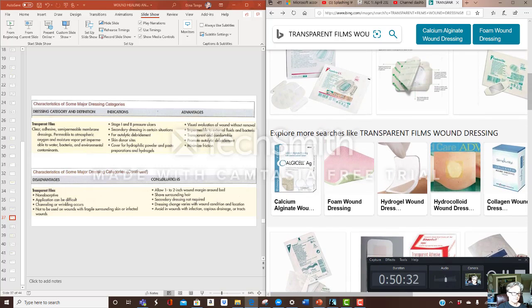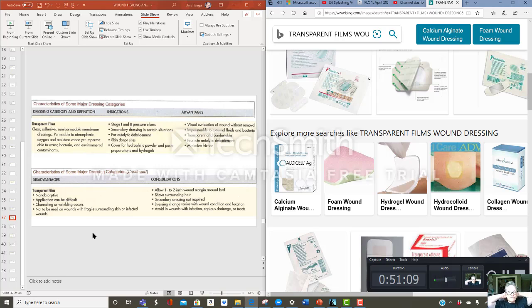Okay. So, clear adhesive, semi-permeable membrane dressings for stage 1 and 2 pressure ulcers, secondary dressing in certain situations, autolytic debridement, skin donor sites, cover of hydrophilic powder and paste preparations, minimize friction, promote autolytic debridement, transparent and comfortable, but they're non-absorbent, so you wouldn't use them on a wound that's exudating.